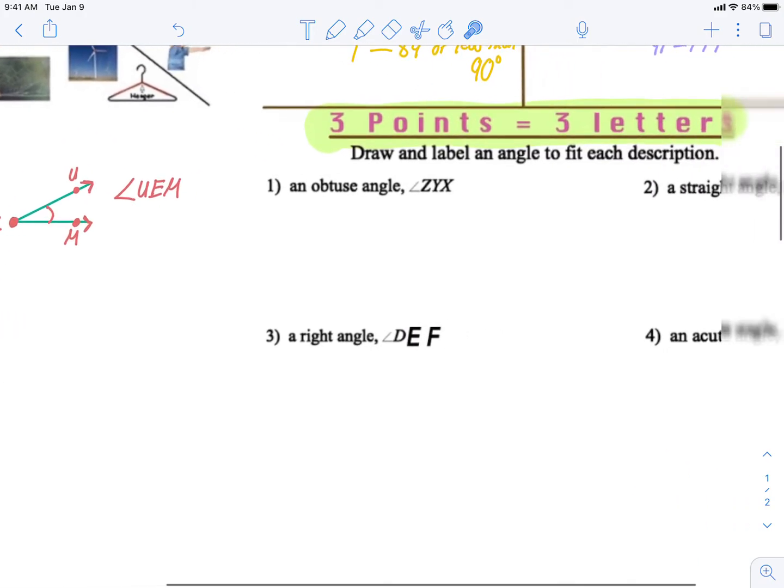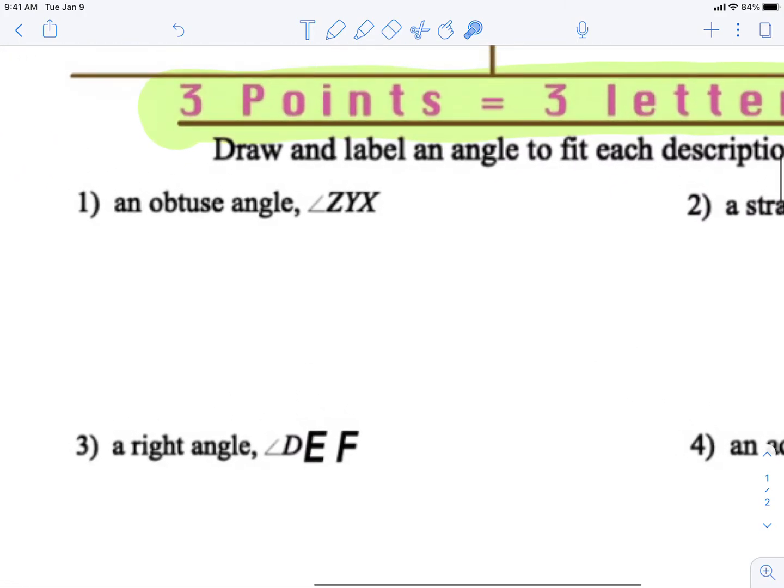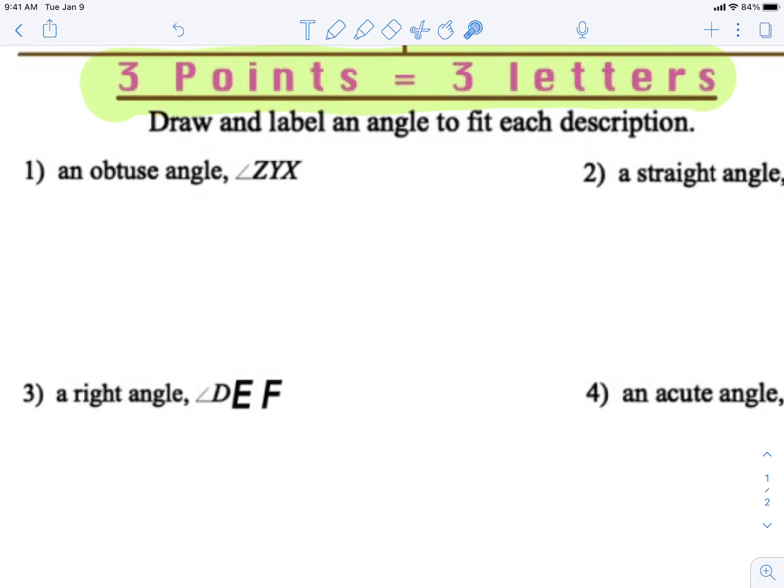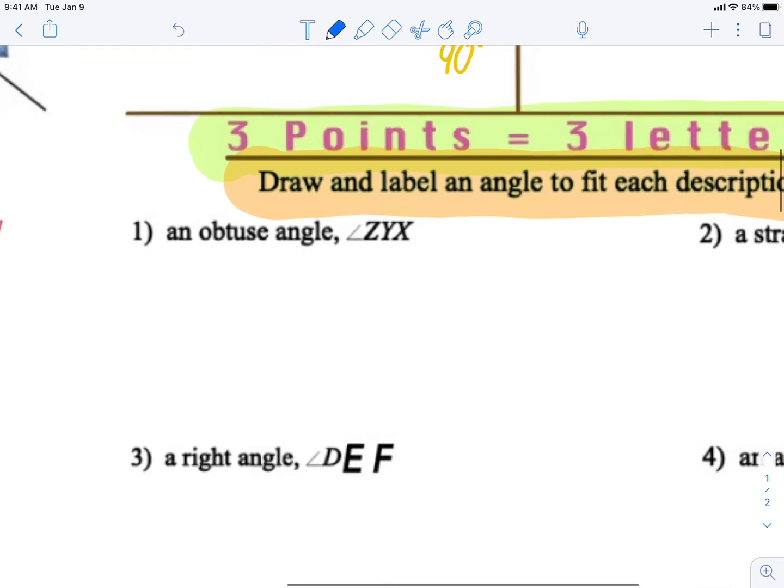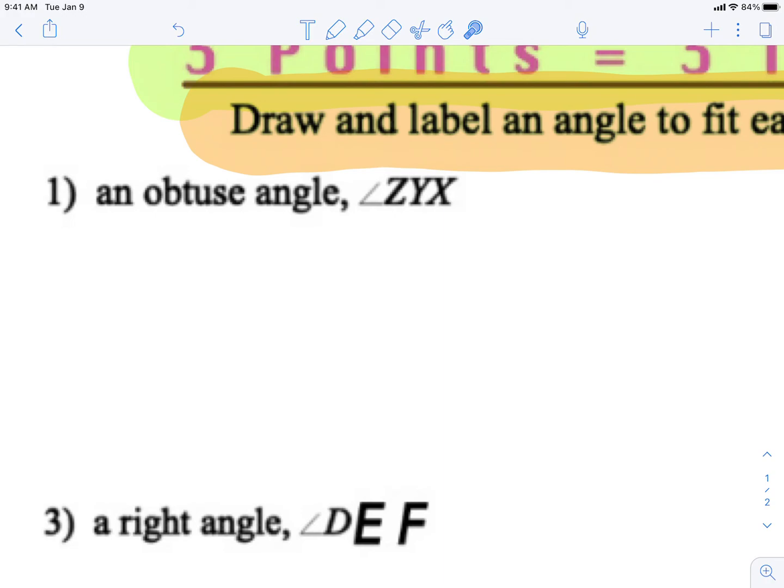So let's take a look at some of these examples here. It says draw and label an angle to fit each description. So I'm going to do that. Number 1 says an obtuse angle ZYX. Well, an obtuse angle I know is one that is flat on one side and open on the other, but not all the way open.